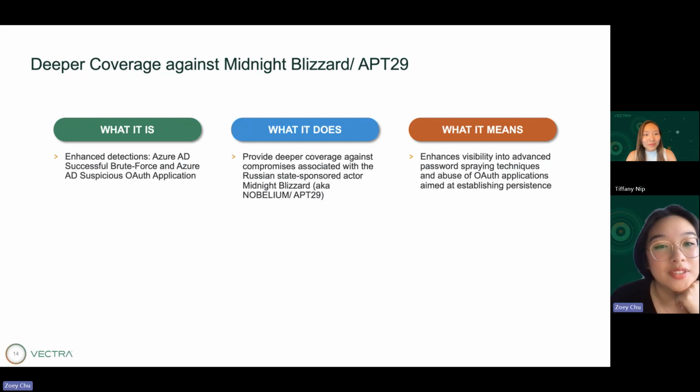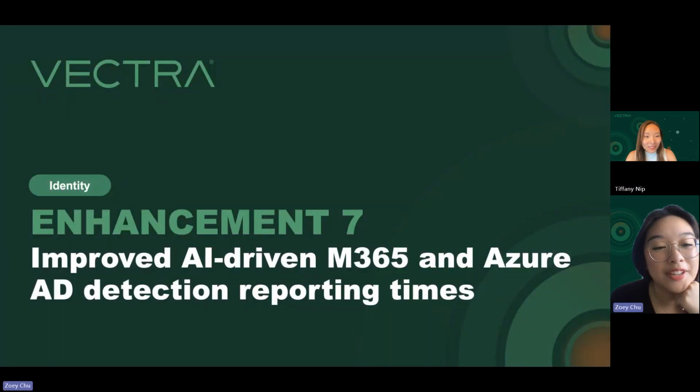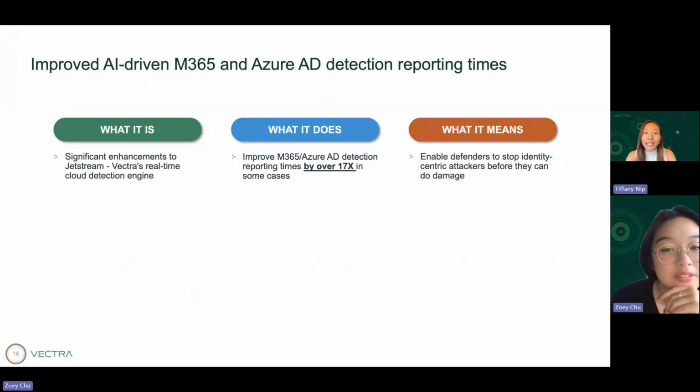Awesome. All right, another identity enhancement. What is improved AI-driven M365 and Azure AD detection reporting times? Yeah, this is really exciting because we have made significant enhancements to Jetstream, which is basically Vectra's real-time cloud detection engine.